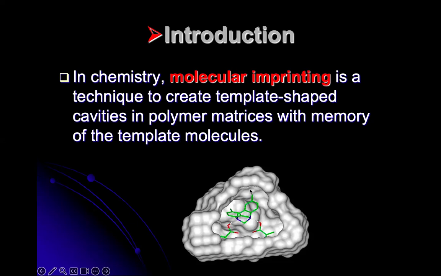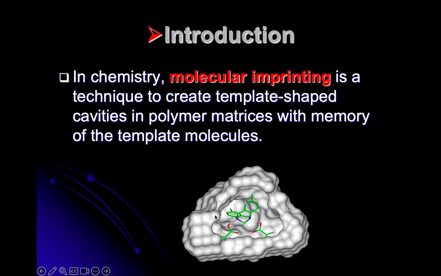So this is the keyword: template-shaped cavities. If you look here, these are cavities, and this is what we call the template. The template means we create these cavities specifically according to the shape of the template. It is important for you to understand that.